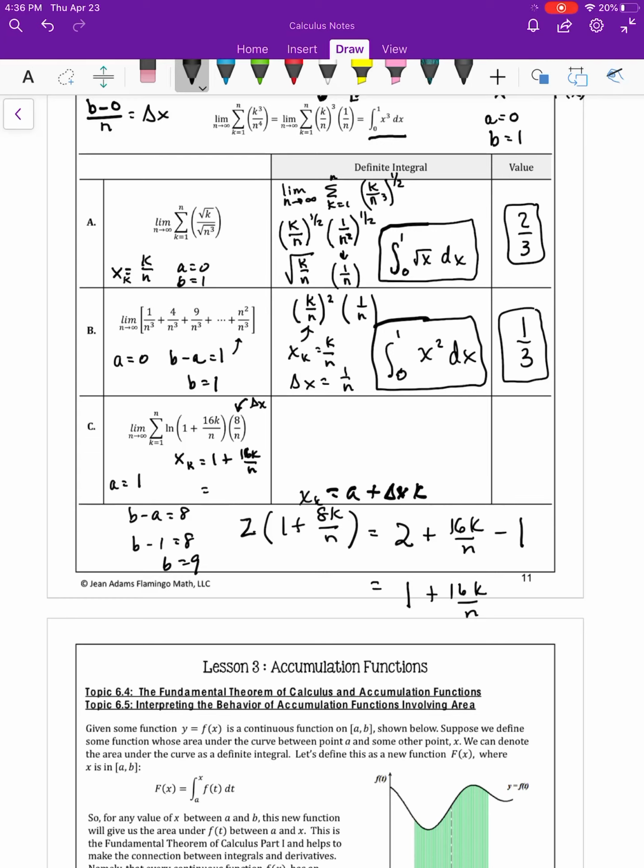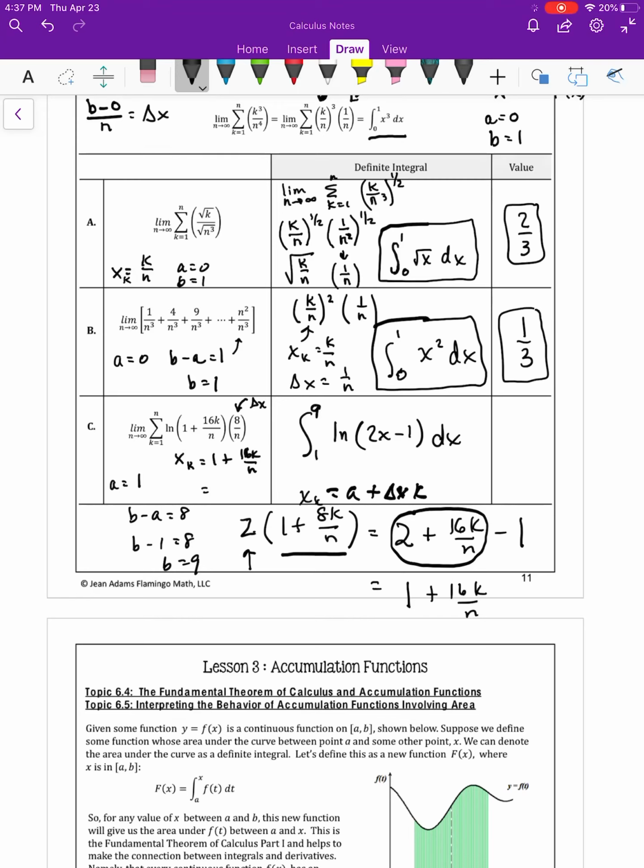This one was a little bit tricky because when you took your 8 over n here, you were left with a 2. So remember how we said our x sub k was equal to a plus delta x times k. Well, I quickly saw that there was an extra 2 there. And so that should have been your hint that, okay, wait a minute, let's think about this as that 2 being factored out. And that's how they got the 1 plus 16k over n.